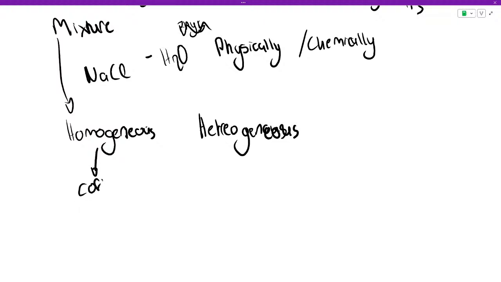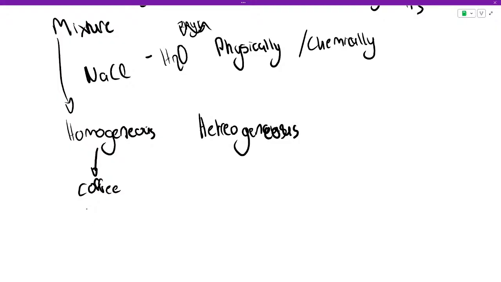For example, your coffee. When you're looking at your coffee, you've mixed your sugar and your water and the coffee beans and whatnot. You cannot physically distinguish the difference between each molecule anymore.